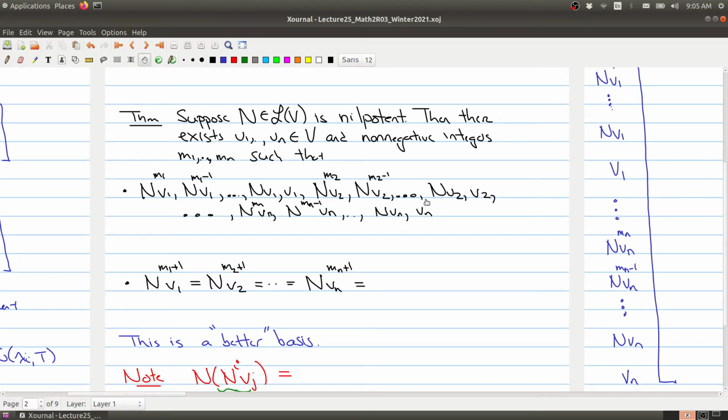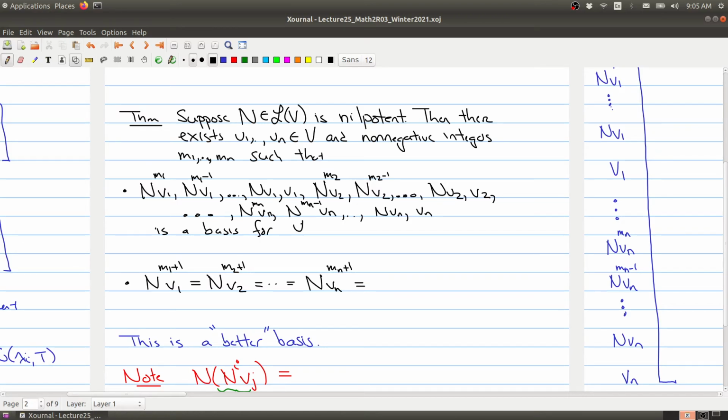Then you do the same thing for the vector v_2, and finally you do this for each of the vectors, including v_n. After you form all of these vectors, this is a basis for V.